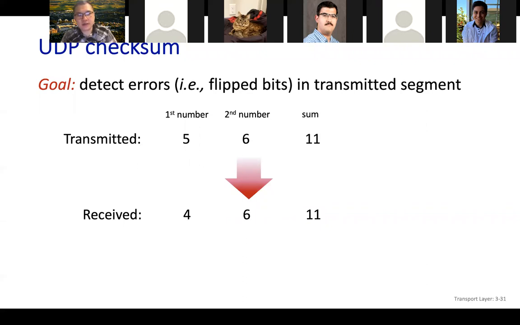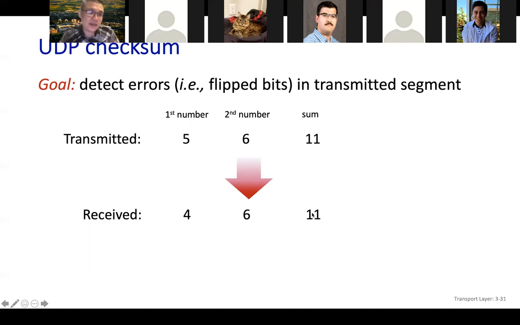If it's not, it means that something went wrong. Now we assume, and later we will talk about it, that the sum would be correct, okay? Because we have a lot of values and only one checksum here. So if some error happens, most frequently it would happen to the values themselves instead of the checksum.